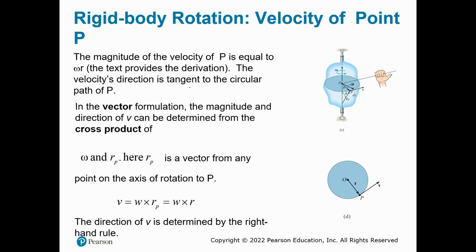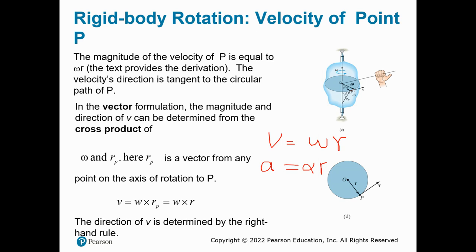The magnitude of the velocity of p is equal to omega times r. In other words, whenever we're relating linear velocity to angular velocity, they are one radius away. Taking the angular velocity times the radius gives me the linear velocity. Same thing with acceleration: angular acceleration multiplied by the radius gives me the linear acceleration.